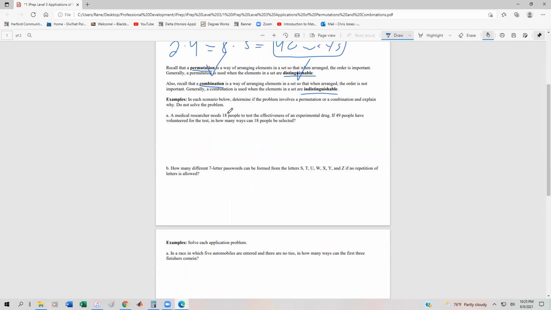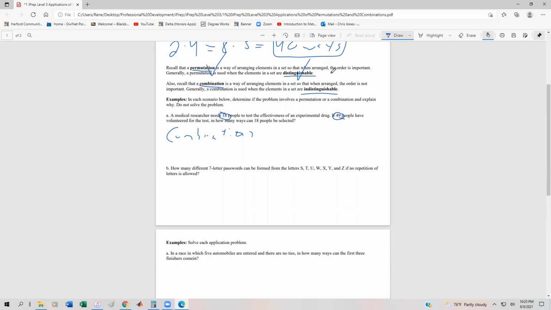So we have a medical researcher. They need 18 people to test the effectiveness of an experimental drug, and they have 49 people that volunteer. How many ways can we pick the 18 people? This would be an example of a combination. The reason is that it doesn't give the names of the people, or say something like subject 1, subject 2, subject 3.